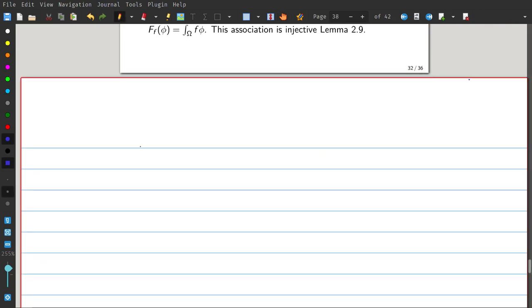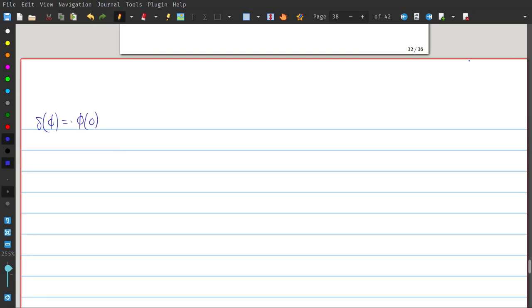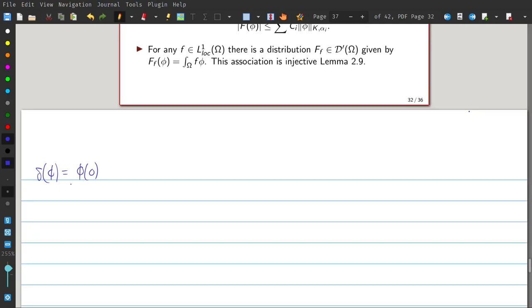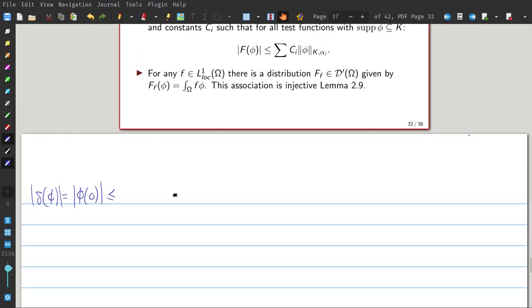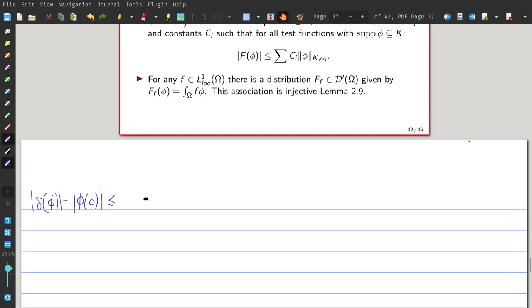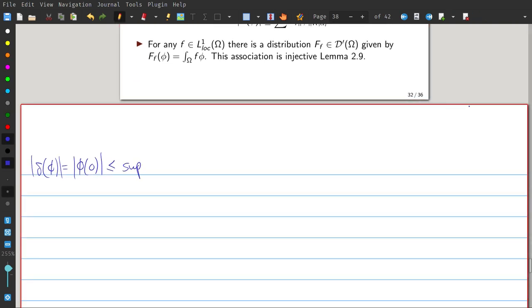So maybe we'll just do two very easy examples. Everyone's favorite distribution is the delta distribution, which is defined like so. Okay, it's just an evaluation of the function at 0. So the absolute value of the function at 0 is of course less than or equal to the supremum.